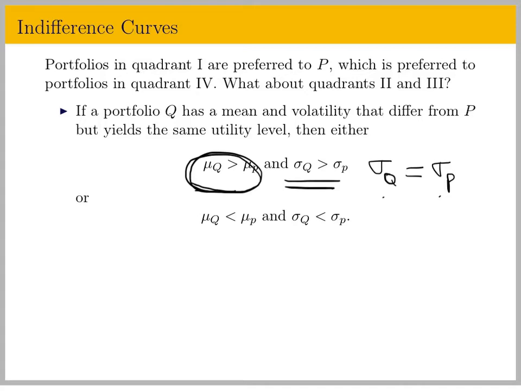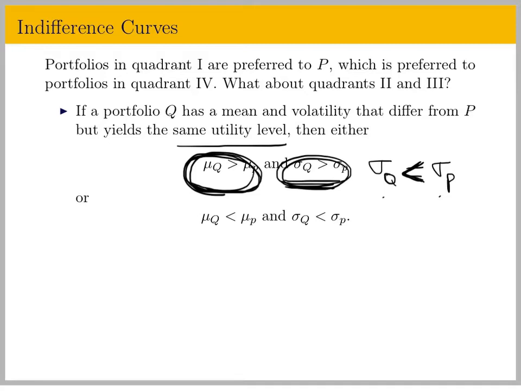In that case, portfolio Q must yield a higher utility. Likewise, if sigma Q were less than sigma P, you would still strictly prefer portfolio Q because it offers a higher return and a lower volatility. And so, if we know that it yields the same utility as P, then it must be the case that sigma Q is greater. Otherwise, it would yield a higher level of utility.